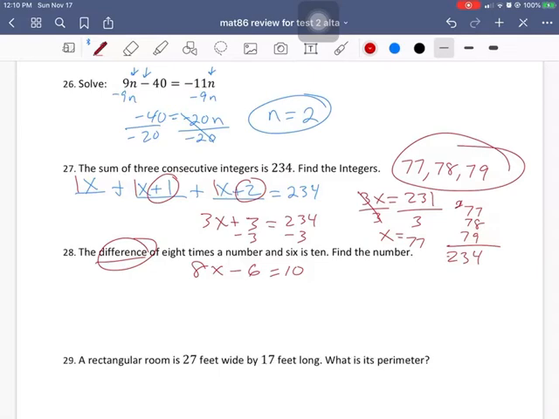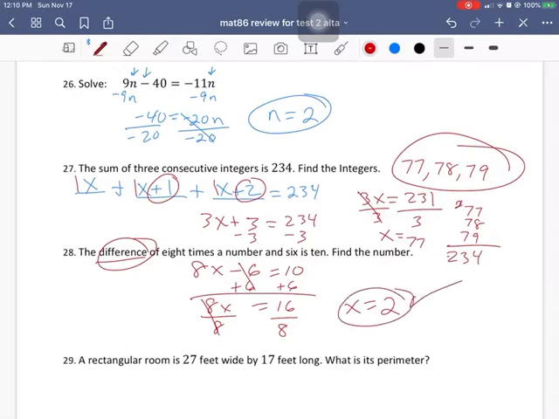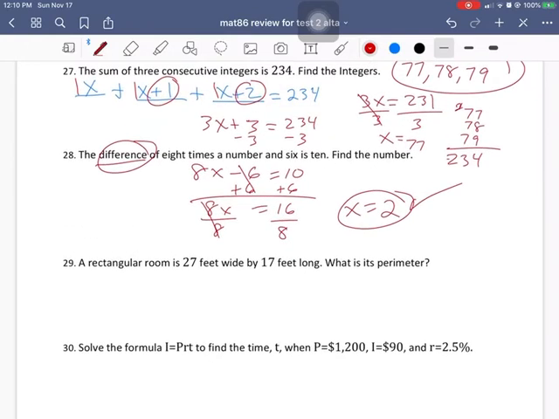So that means write the equation, then solve. Move the 6 over, isolate the x, x equals 2. 8 times 2 is 16, minus 6 is 10. There you go. Okay, it doesn't hurt to check.